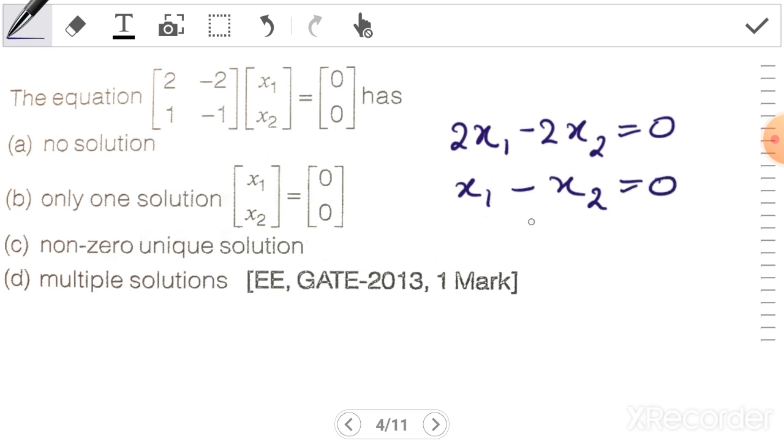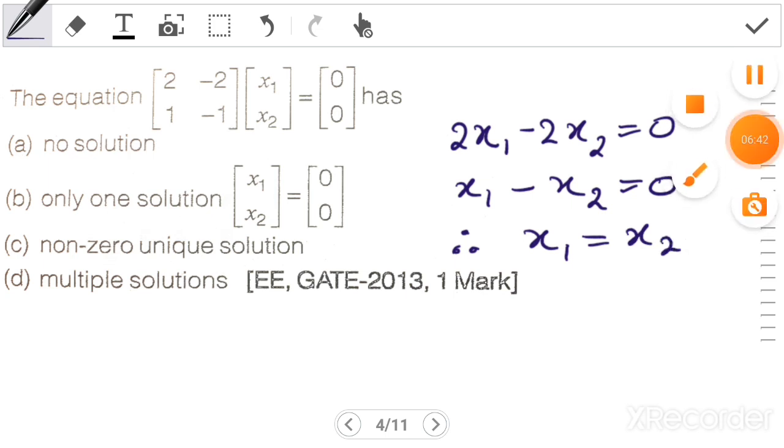So both equations are basically the same, that is x1 is equal to x2, meaning this equation has an infinite number of solutions, means multiple solutions.